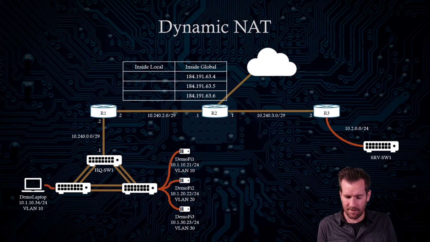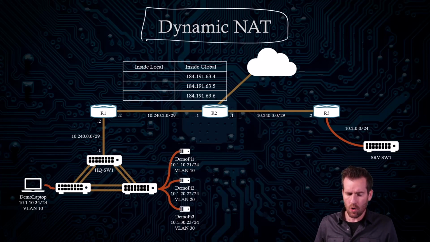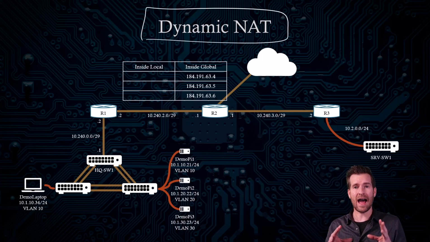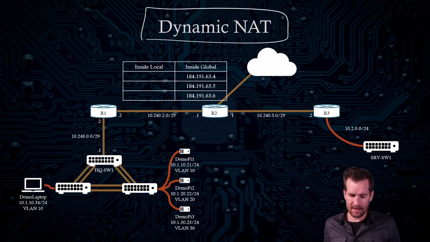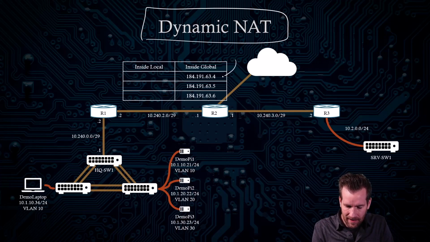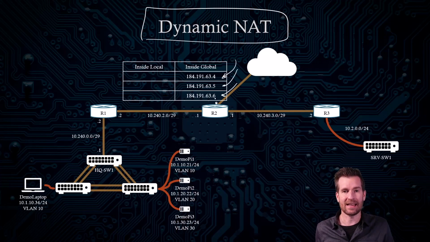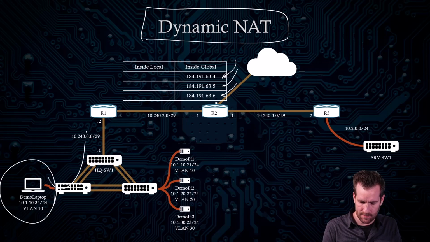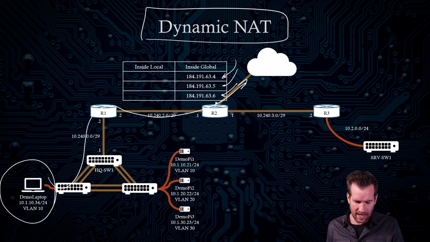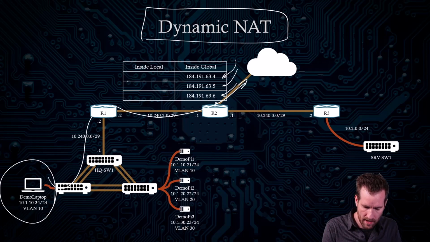I also have dynamic NAT, and this is really one reason why this RFC 1918 works. The thing here is I've defined a pool of addresses that are on my outside interface. When a device wants to get to the outside world, so let's say this laptop is getting to the outside world, at that point in time it's going to be assigned that address right there.